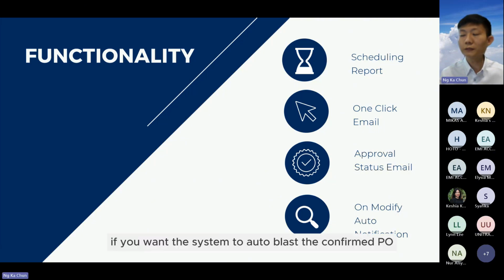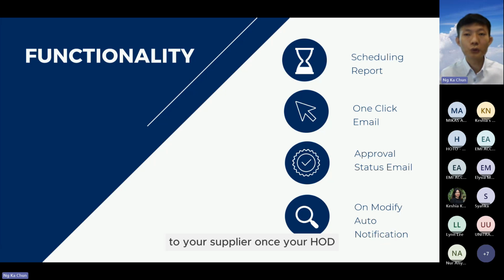And same goes if you want the system to auto blast the confirmed PO to your supplier once your HOD approves the PO, you can also preset it using the SCT email notification. You can use it either to inform your internal team, or get the system to auto blast out the PO or SO to your supplier or customer once it has been approved inside Business Central.